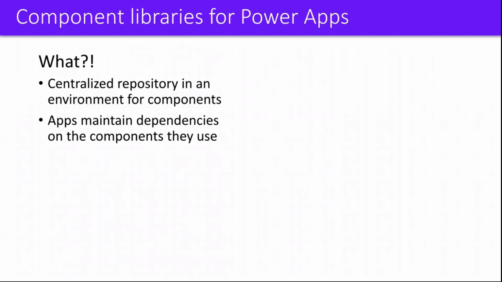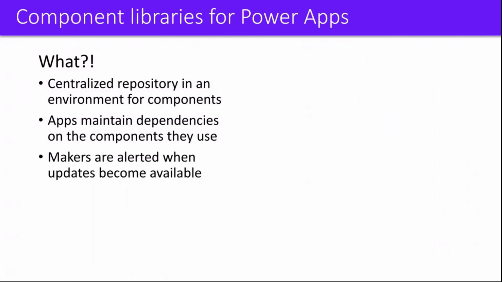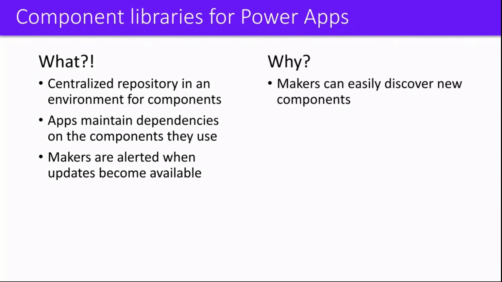And that means that makers get alerted when there is a new version or an update on a component available. And this means that we really have a nice purpose, because makers can now easily discover new components, and they always use the latest version of the component.